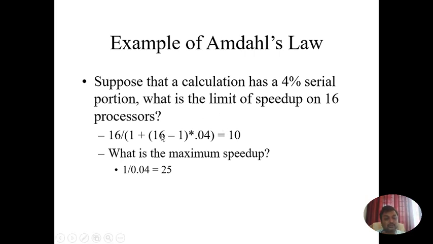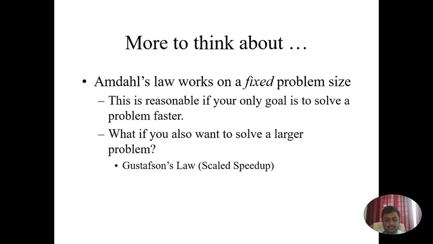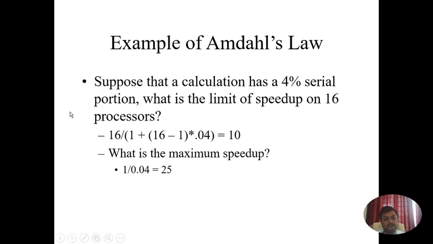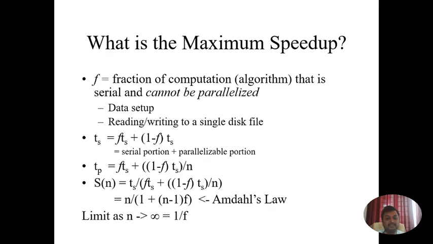With 0.04 sequential, you can attain at the maximum 25 times speed up compared to the original. Even though 96% of the code is parallelizable, the speed up attained is only 25 times at the limit, with 16 processors. You have formulas, and you can change the numbers and check, and that comes out to be the limit 1 by f.